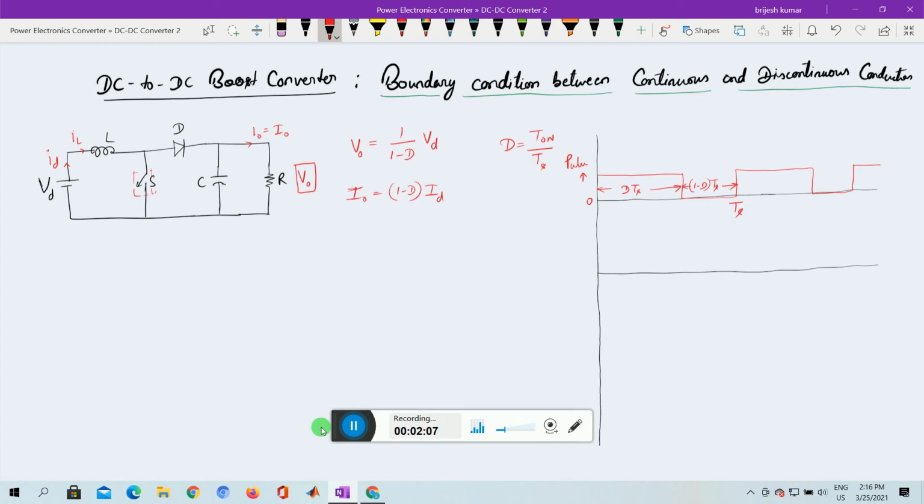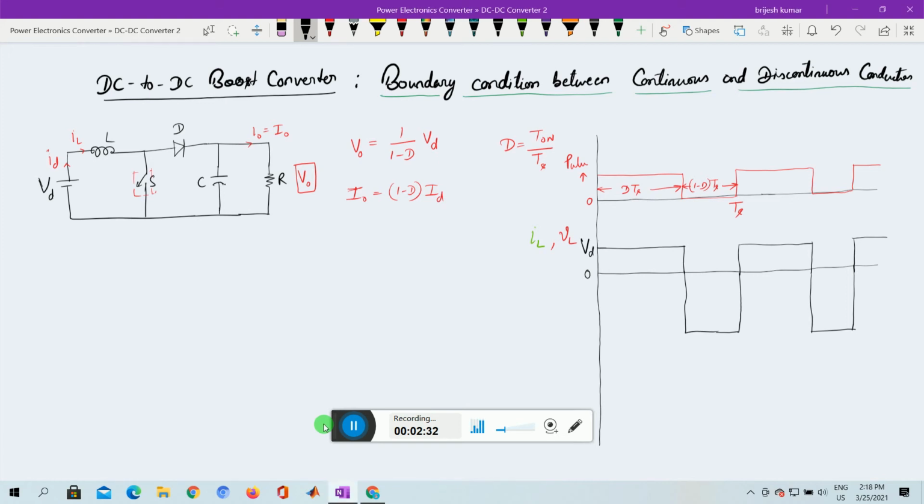Now let us draw the waveforms of VL and IL. The voltage across the inductor during the on time is Vd, the input voltage.